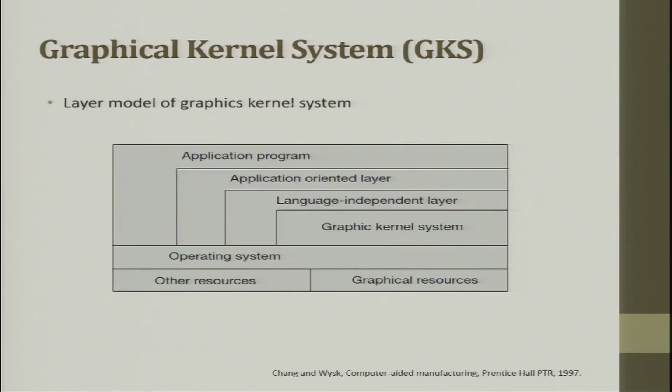The layer model of graphic kernel system is: you have application programming, then application oriented layer, then language independent layer, then graphic kernel system. You have an operating system which is at the base. In the operating system again you have two other resources, and graphical resources. So, these two are added to the operating system, then graphic kernel system, language independent layer, application oriented layer and application program.